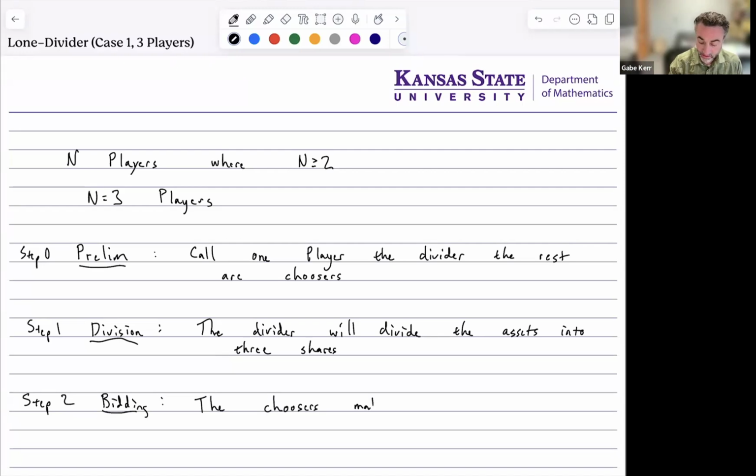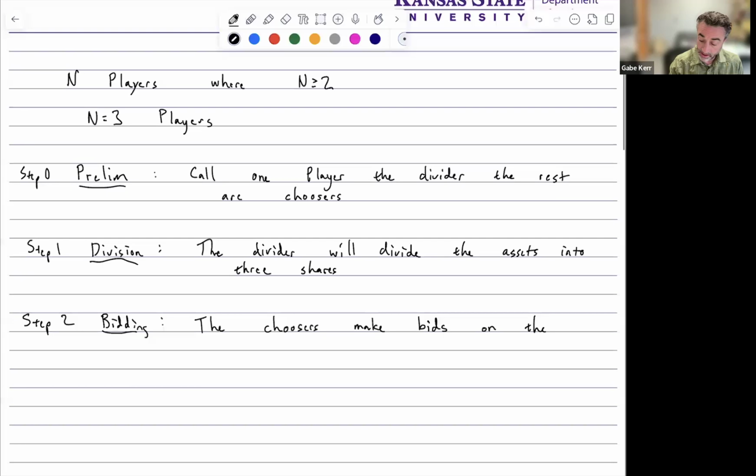Make bids on any of the 3 shares that are fair shares in their value system.